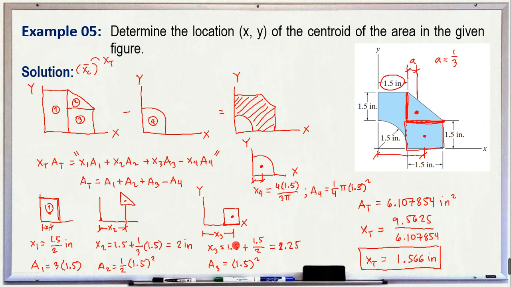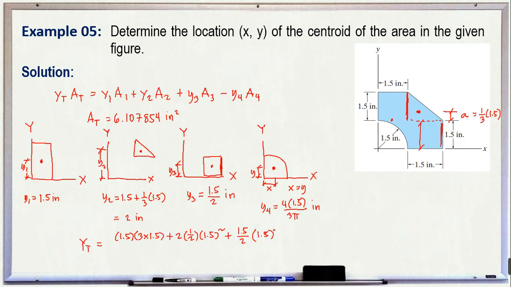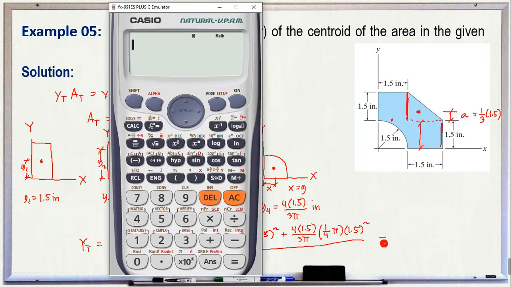This is the value for our area 3. 1.5 square plus we have our y sub 4, that is 4 times 1.5 over 3 pi, and then the area of this quarter of a circle, we have 1/4 pi times 1.5 square. And we're going to divide all of this by 6.107854.